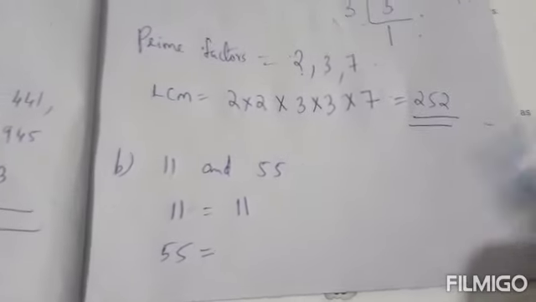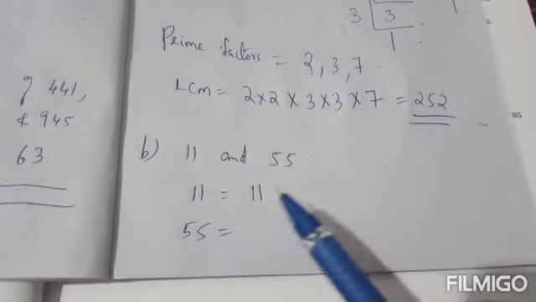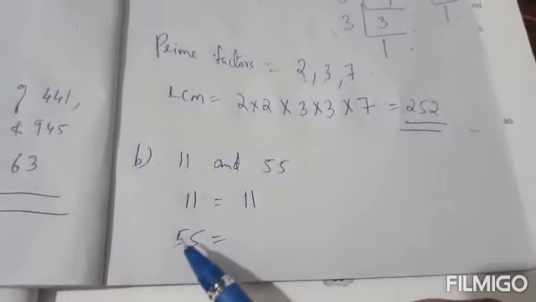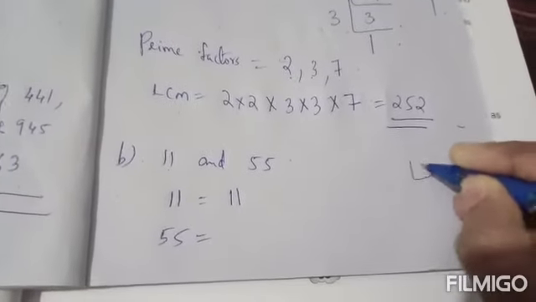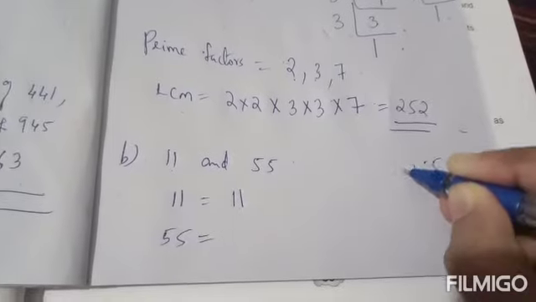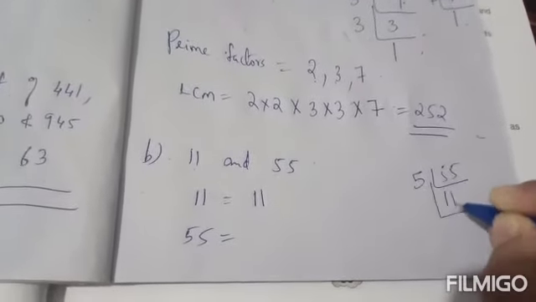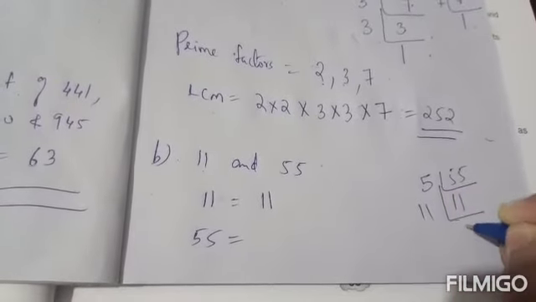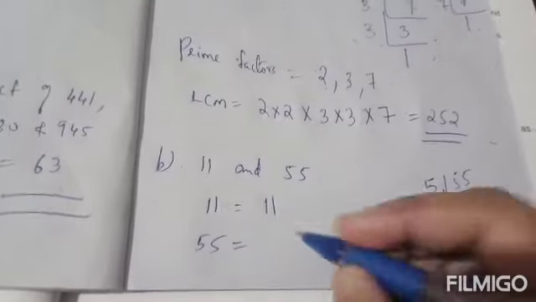Now, next, 55. The prime factorization of 55 we can write. 55 is divisible by 5, you will get 11. Now 11 you can divide by 11 only, you will get 1. So 5 into 11.